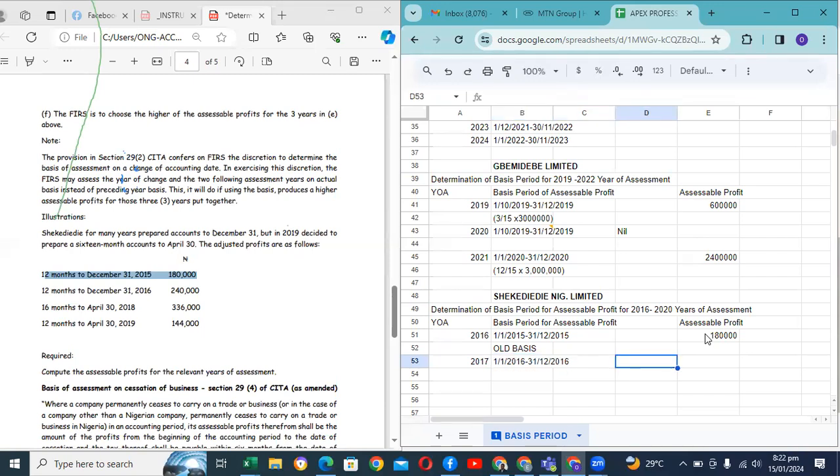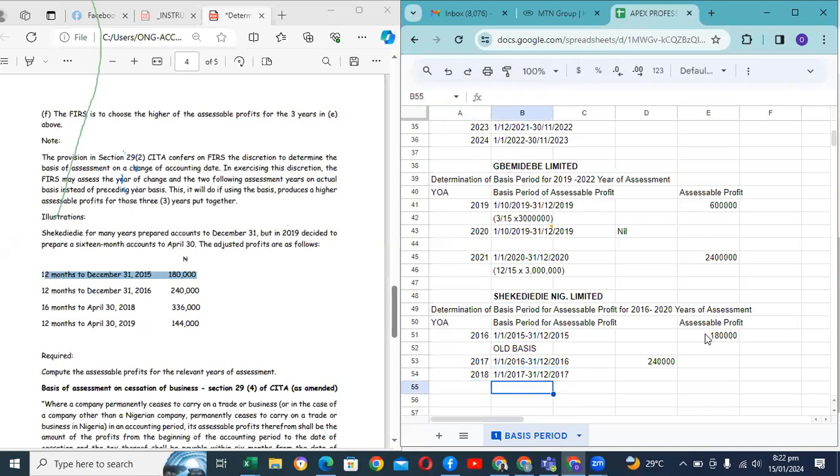Do you have the full year profit? 240,000. 2018 year of assessment, you will still do as if nothing happened. 1/1/2017 to 31 December 2017, right?